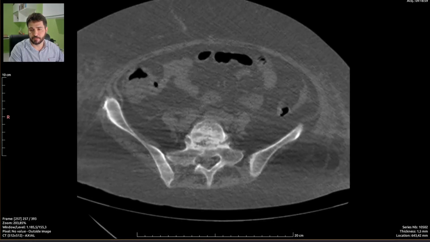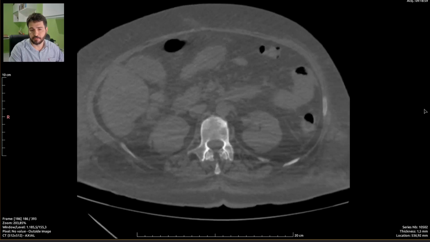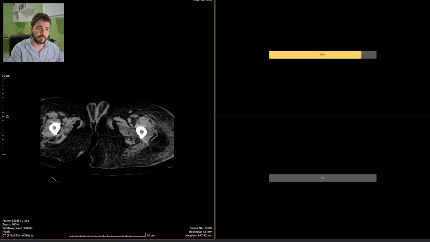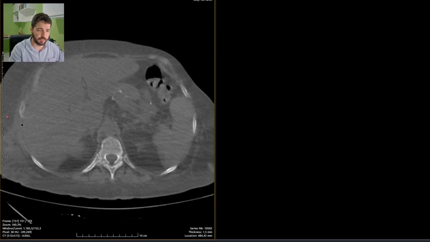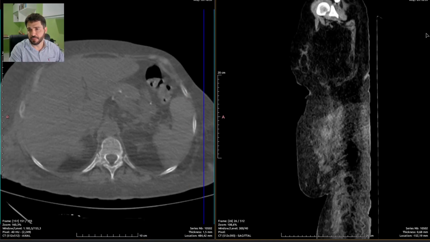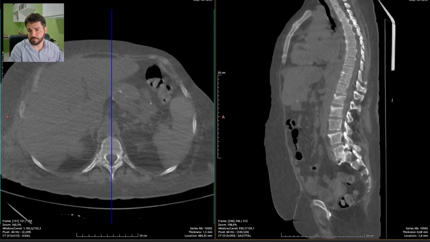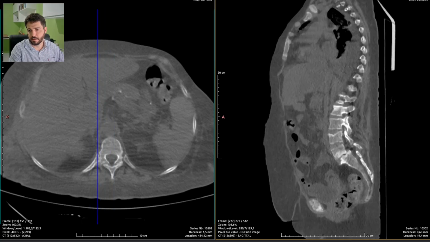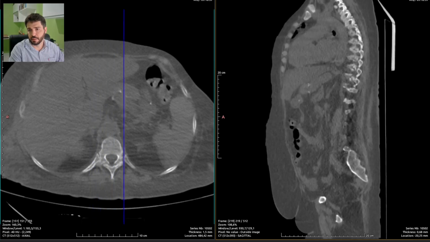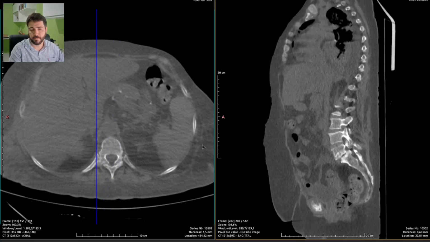There is diffuse degenerative disease of the lumbar spine. I'm just going to do an MPR real quick, just to see if I'm not missing any major disease of the bones, just plain old severe degenerative disease of the spine.